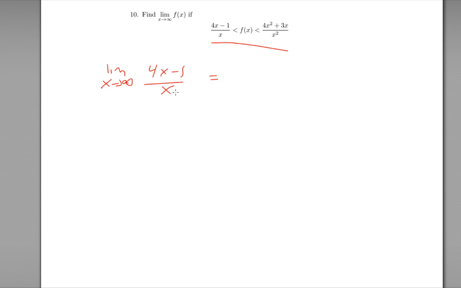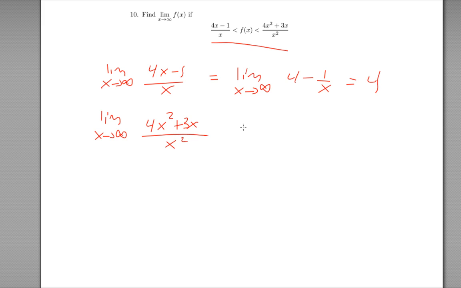You can just look at this and divide both of these terms by x. Limit as x goes to infinity of 4 minus 1 over x. And as x goes to infinity, this goes to 0, so this limit is actually just 4. No L'Hopital needed. The limit as x goes to infinity of the bigger function, 4x squared plus 3x over x squared, is equal to, again, we can divide the top and the bottom by the largest power of x.